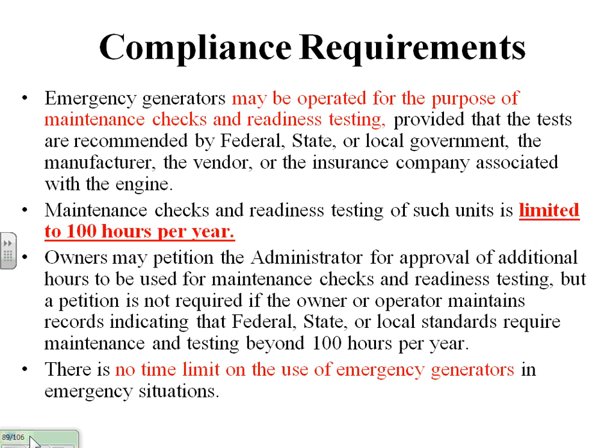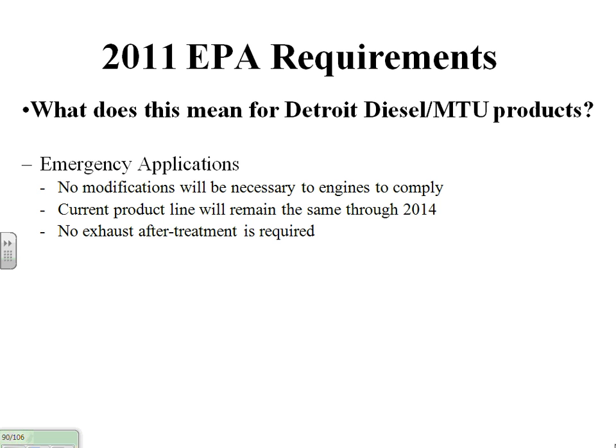But again, there's no time limit on the use of the emergency generators in true emergencies. When the power fails, I don't care if it fails hundreds of times, you still aren't required to do anything else. You've got what you need. No problem. It's just as it is today. As far as our products are concerned, we're there right now, so no difference.